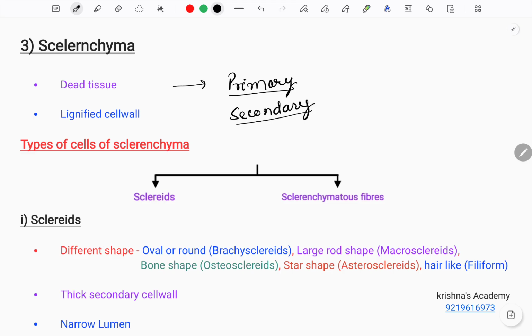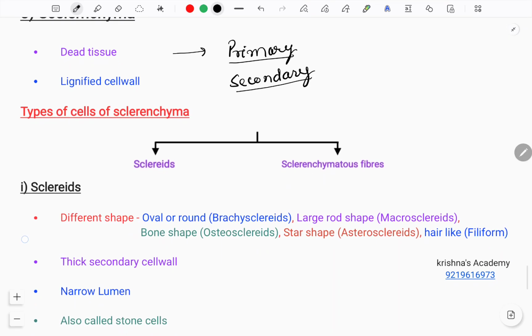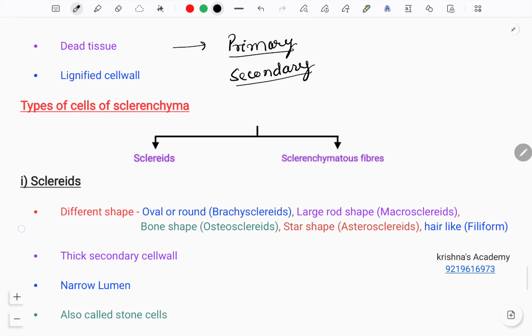Now the next one is types of sclerenchyma. Actually in the cell, two different conditions may be present. That's why the types of cells are of two different types. They may be sclerites or they may be sclerenchymatous fibers.